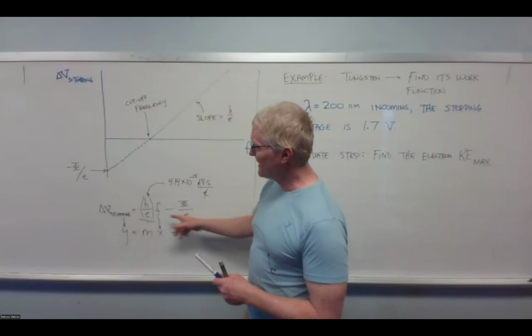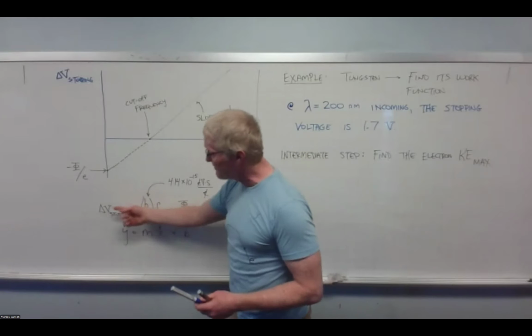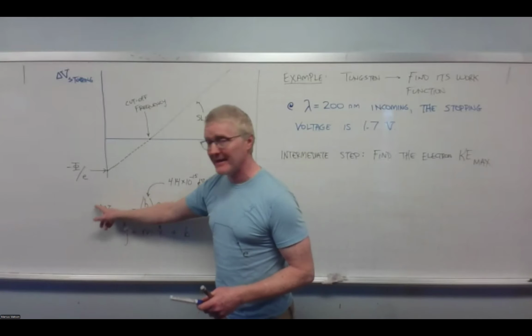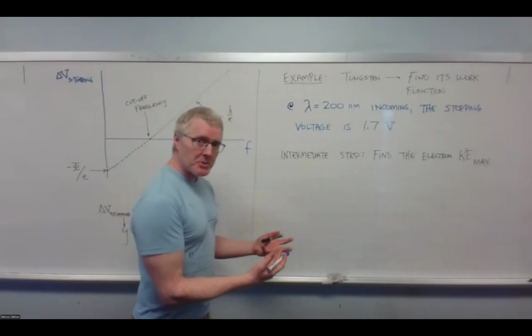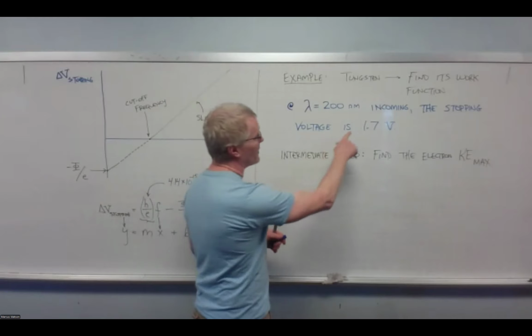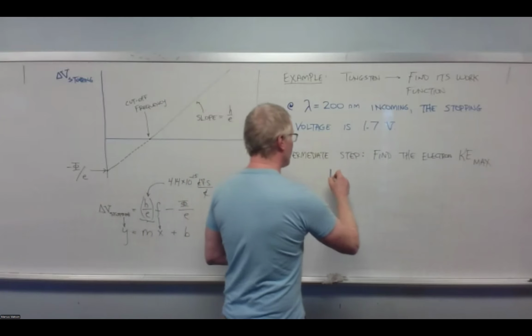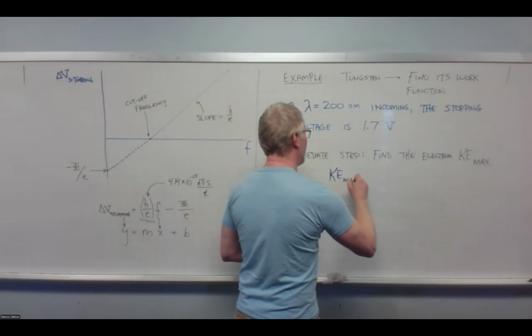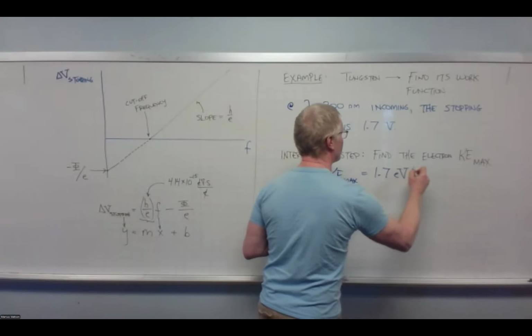If I multiply by little e, I'd have e, an electron, times a voltage, and that would be the energy the electron has acquired. Therefore, with this voltage, the energy the electron acquires is Ke max equals 1.7 eV.